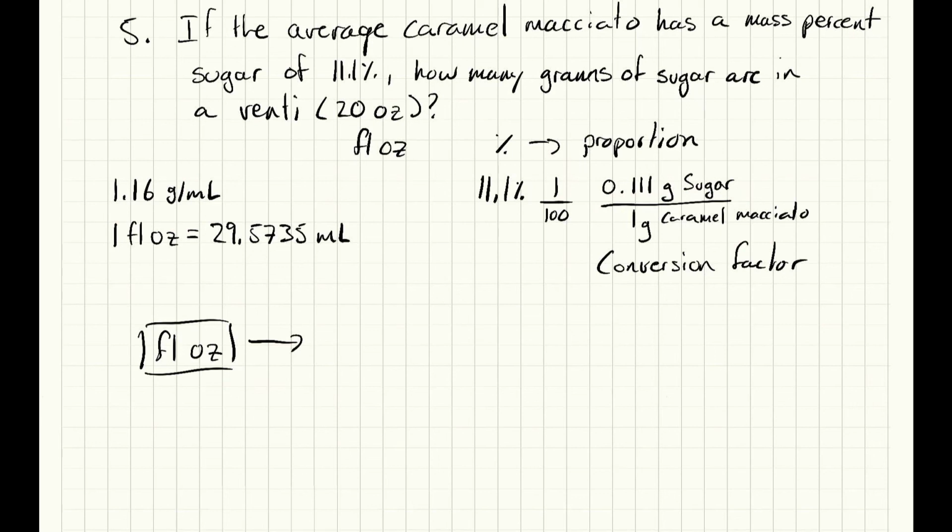Especially if I'm given something imperial, you're almost always going to be going back to metric. So you might look at your chart of conversion factors and say, okay, what conversion factor do I have that will take me from fluid ounces back to metric? And then write that down. And then once you have a way into metric, you're going to say, okay, I'm converting from fluid ounces into milliliters, and I need to go now from milliliters to grams eventually.